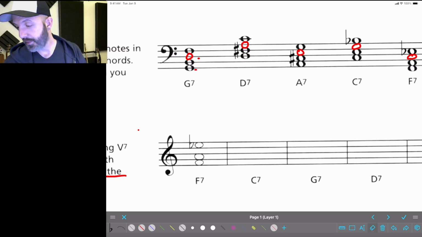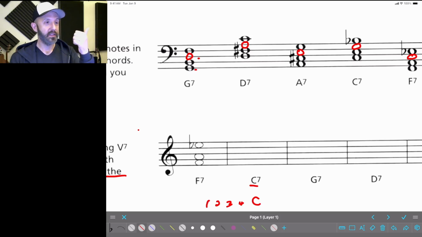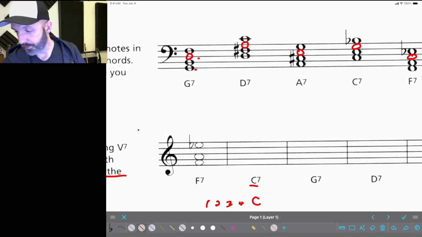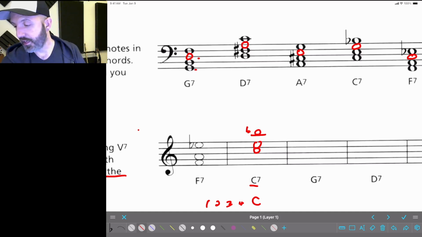So C is going to be the 5th of 4, 3, 2, 1. If we go backwards, C, B, A, G, F. So we know that's going to be an F major. Oh, sorry. Duh. We're going to omit the fifth, and we know that is a B flat because there's a B flat in the key of F. G is the fifth note of C, so this is easy.